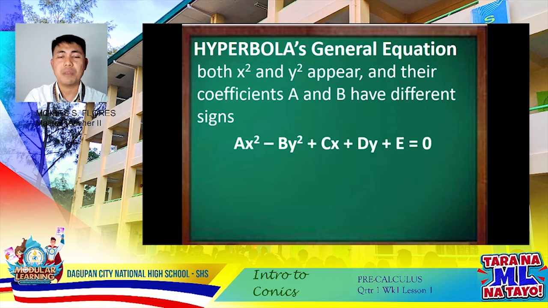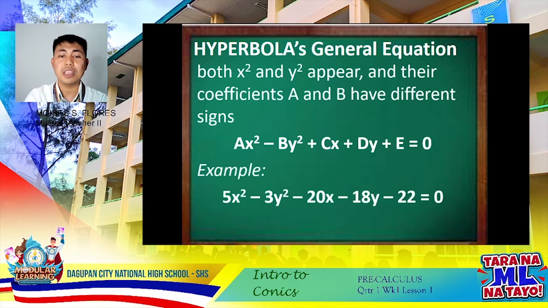We have here the formula, ax squared minus by squared plus cx plus dy plus e equals 0. Again, for the general equation, both x and y are in the second degree, with different numerical coefficients and different signs. We have here an example, 5x squared minus 3y squared minus 20x minus 18y minus 22 equals 0.